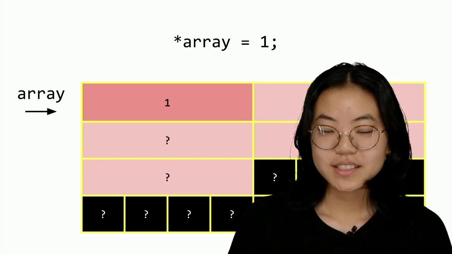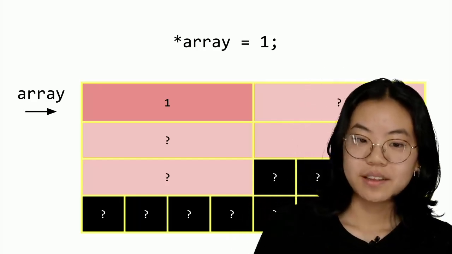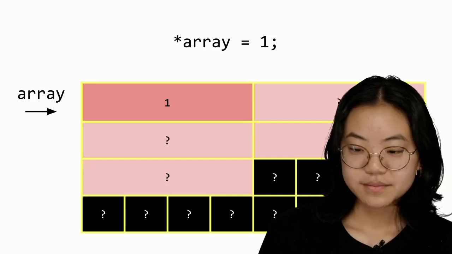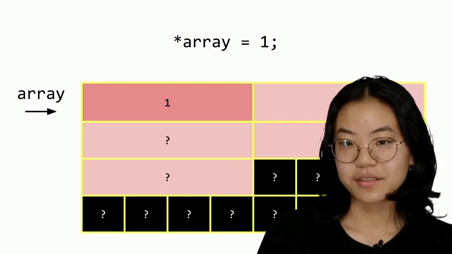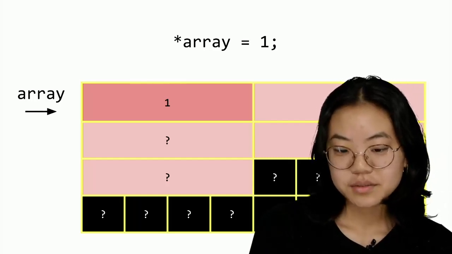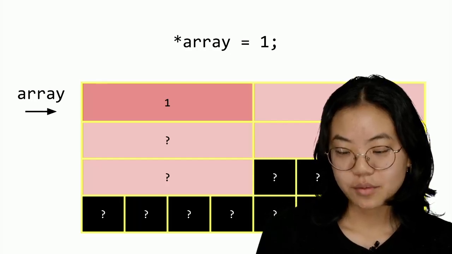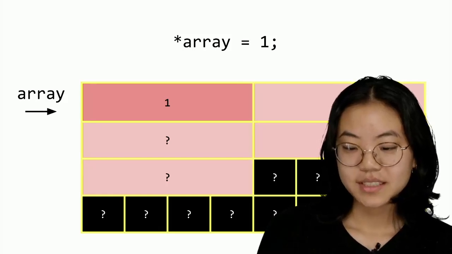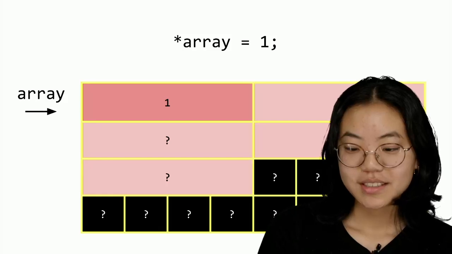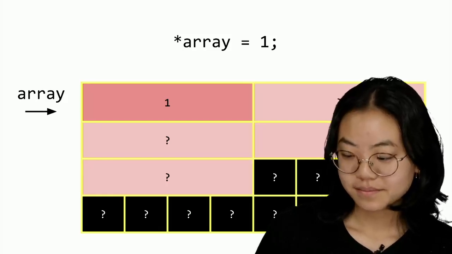If I wanted to update the first value in this array, I can use the same dereferencing notation, where I go to the address stored at array and then set that to 1. So I'm going to go to that first integer slot and set that to 1.